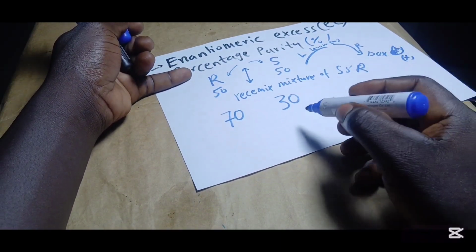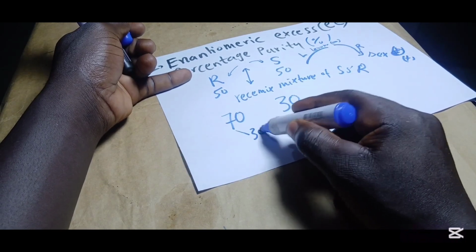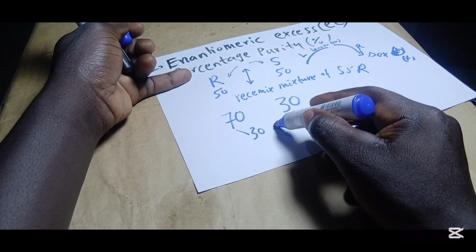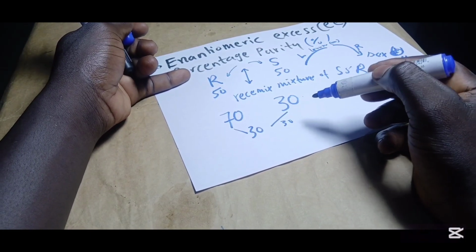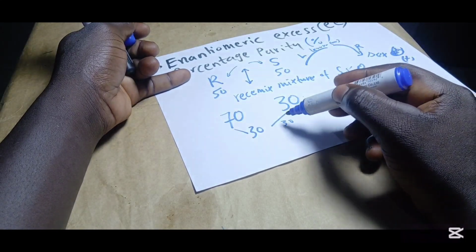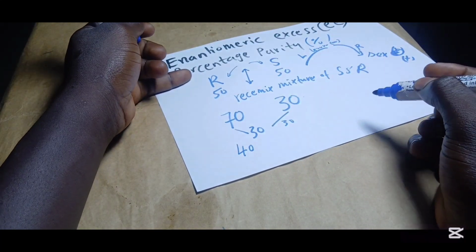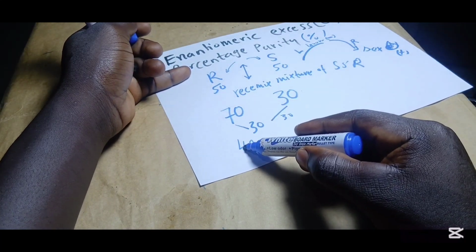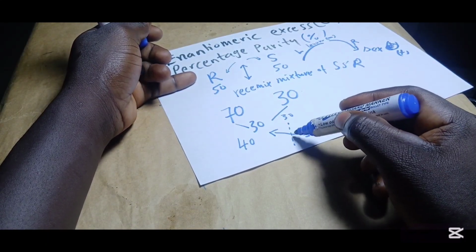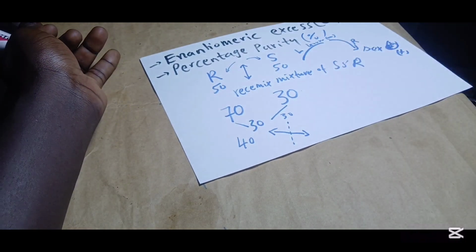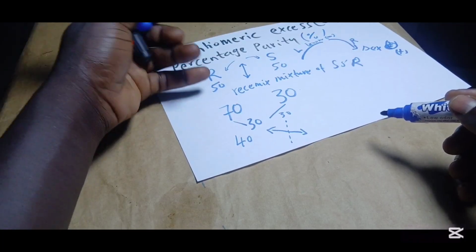So at the end of the day, 30 of the R will form a racemic mixture with 30 of the S. So if 30 form a racemic mixture, then we will still have 40 of the R in the solution. So the R will dominate and it will turn the plane polarized light to the left. In this case, we are assuming that R will turn to the left and S will turn to the right. So it will turn to the left because R dominated here.